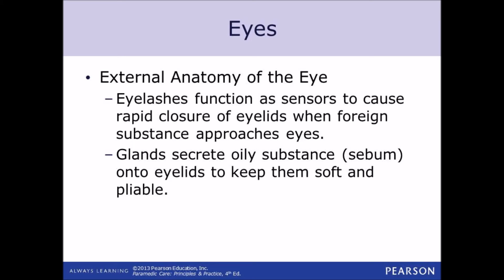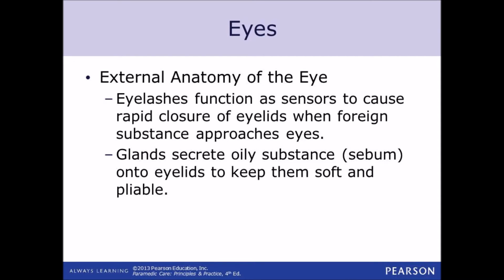These are sebaceous-type glands that secrete an oily substance, and this is what keeps the eyelids soft and pliable and able to go back and forth. They also have other secretion glands we'll talk about later, which form the hard surface or kind of crust at night when that area builds up, called the sand in the eyes, if you will.